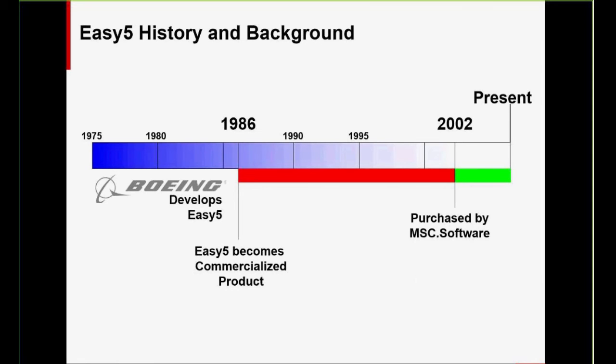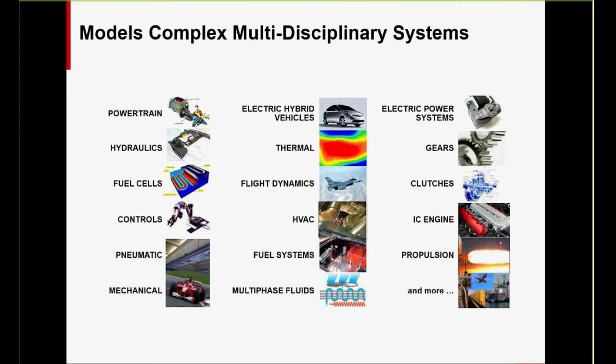Easy5 development began in 1975 with Boeing, and in 1986 became a commercial product with a graphical user interface. In 2002, it was purchased from Boeing by MSC Software. So active development is continuous. Systems from power generation, refrigeration, and cryogenic systems, a number of different types of systems can be modeled in Easy5.